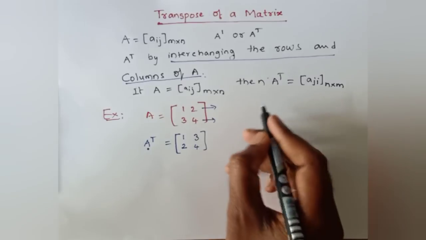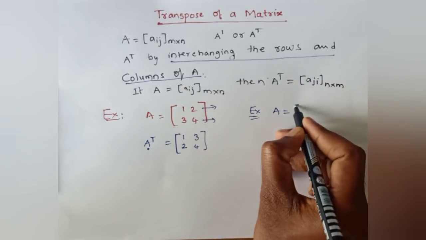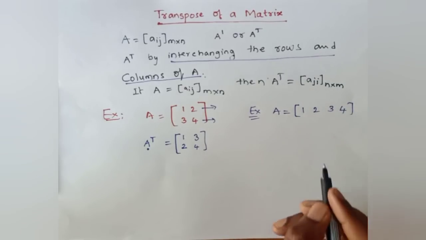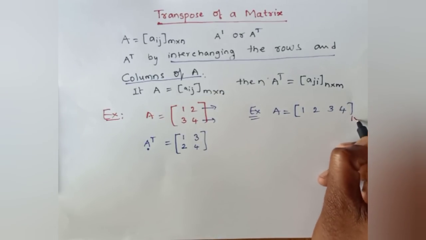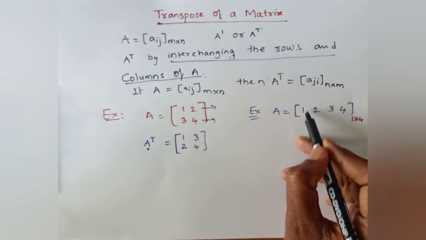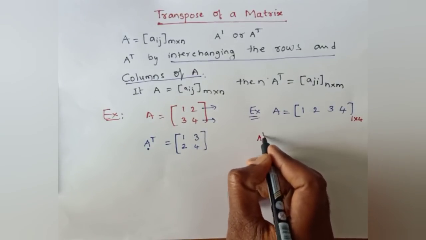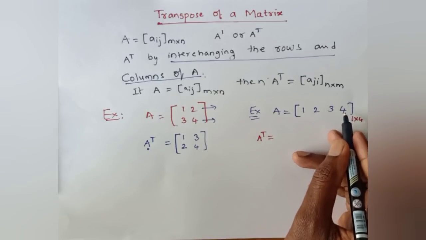Consider one more example. Here A is equal to [1 2 3 4]. This is a matrix of order 1 by 4, since it contains one row and 4 columns. The transpose of this matrix is obtained by interchanging the rows and columns.